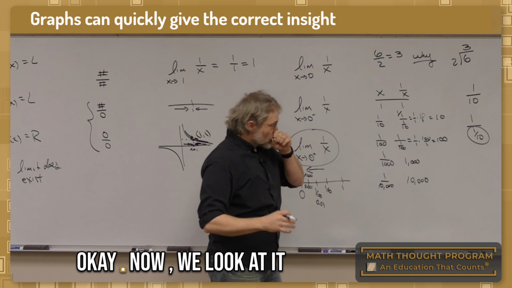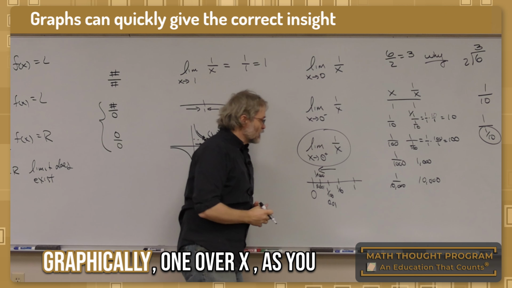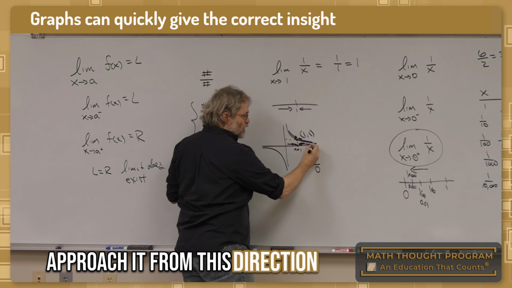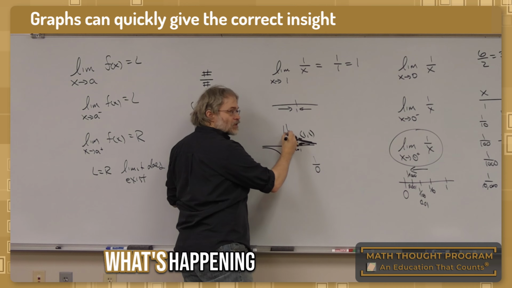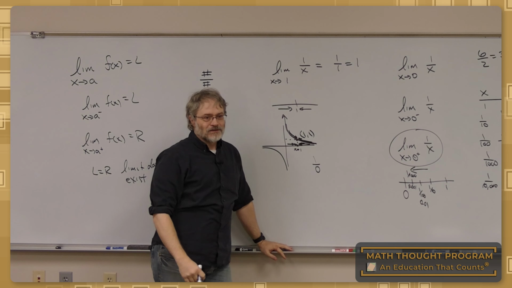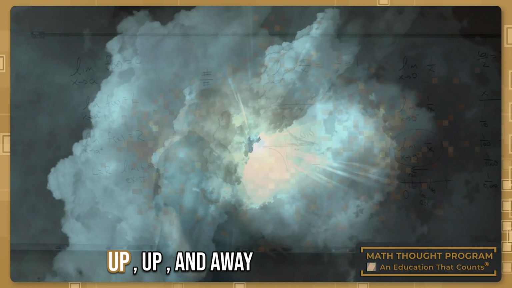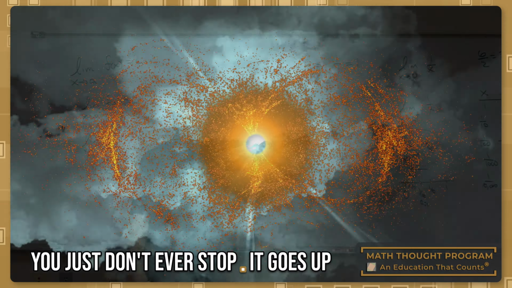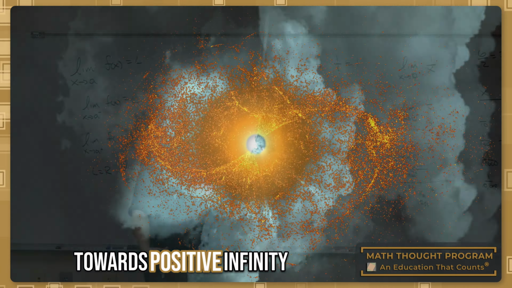Okay, now, when you look at it graphically, 1 over x, as you approach it from this direction, what's happening? It's kind of like Superman. Up, up, and away. You just don't ever stop. It goes up towards positive infinity.